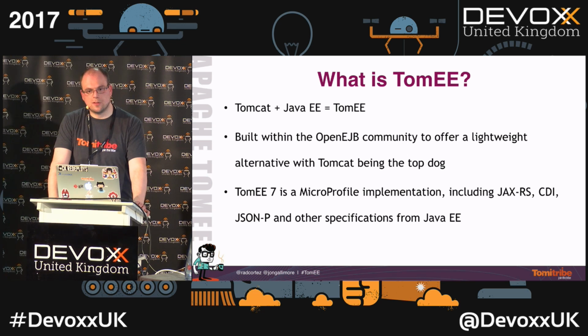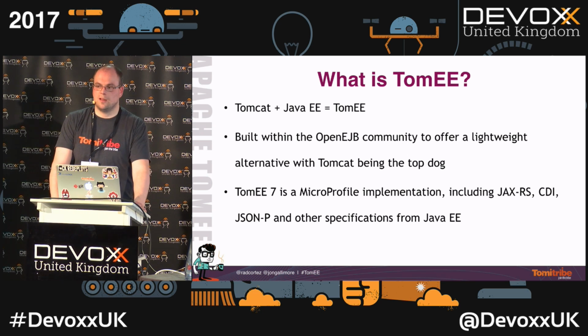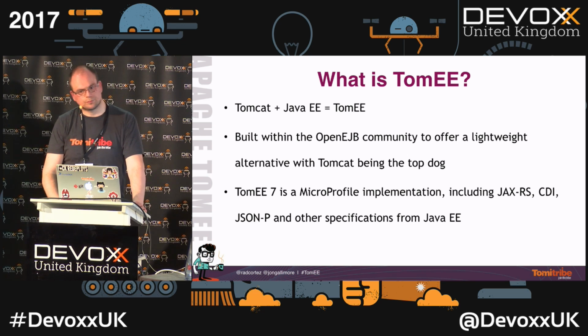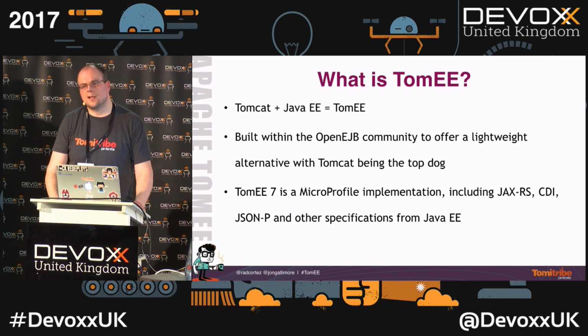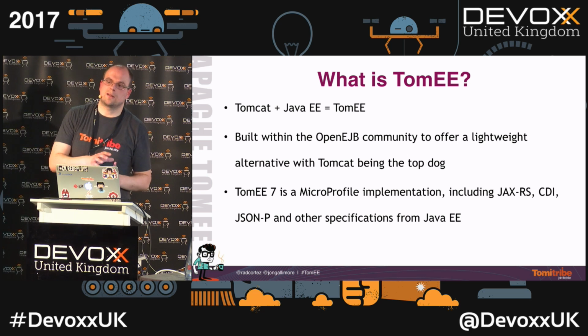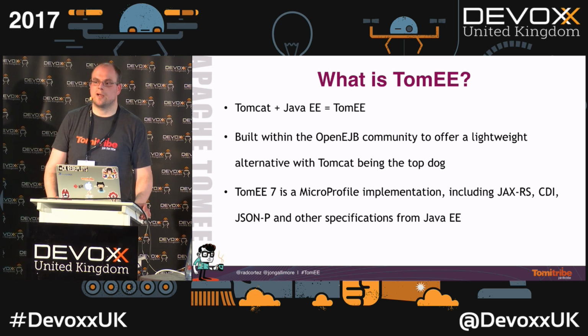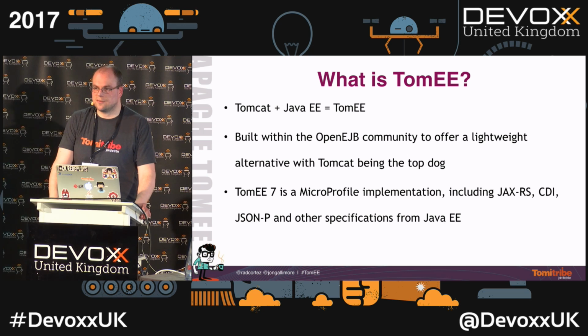A little bit of history on TomEE, just very quickly. We first announced TomEE in 2011, and we were Java EE 6 certified. But it actually grew out of the Apache OpenEJB community, which is an embedded EJB server. We looked at Tomcat and took a slightly different approach to the other app server vendors, who were typically taking Tomcat and embedding that inside their own application server to provide the servlet and JSP functionality for applications.